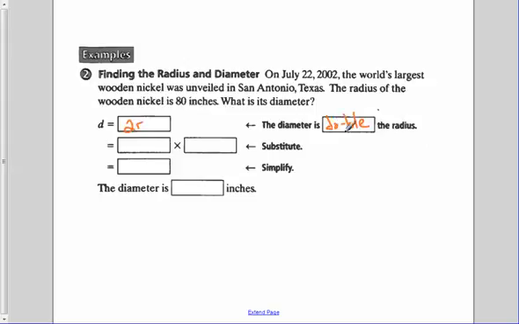Then we have our substitution, where we know that the radius is 80 inches. So I'm going to say 2 times 80, and then we simplify: 80 times 2 is 160. So the diameter is 160 inches.